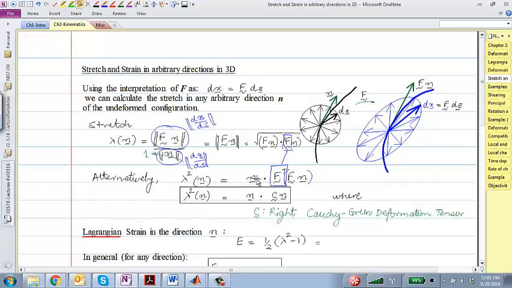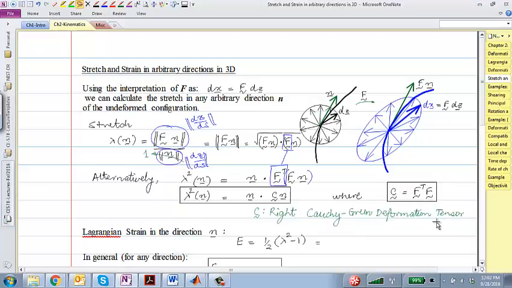There's a benefit of writing it in this form. This particular quantity F transpose F is called a tensor C, where C is equal to F transpose F. This is yet another very important deformation tensor, called the Cauchy-Green deformation tensor.